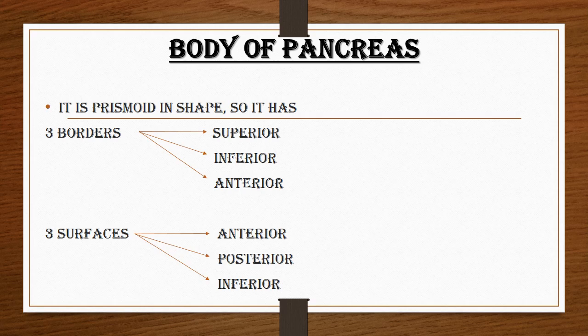As it is prismoid, or triangular in cross section, it has three borders which divide the three surfaces. Those three surfaces are the anterior surface, posterior surface and inferior surface, and the borders are the anterior border, superior border and inferior border.